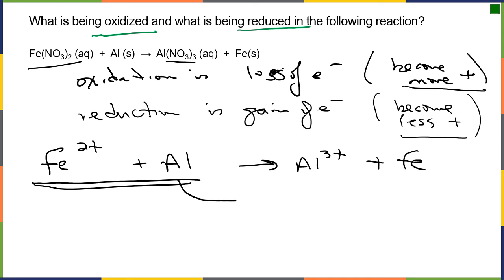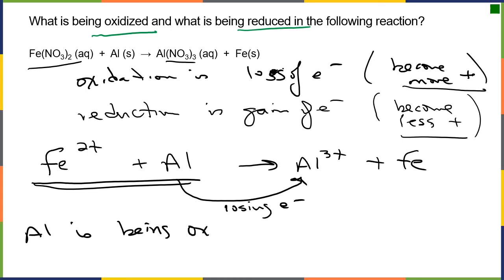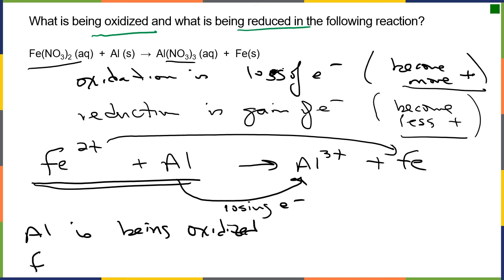Well, if we look at aluminum, it is becoming more positive, which means it's losing electrons, which means that aluminum is being oxidized. Iron is becoming less positive, which means it's gaining electrons. So iron is being reduced. And the key here is to make sure that you're paying attention to what's happening as we go from the reactants to the products, and then you're going to have it.